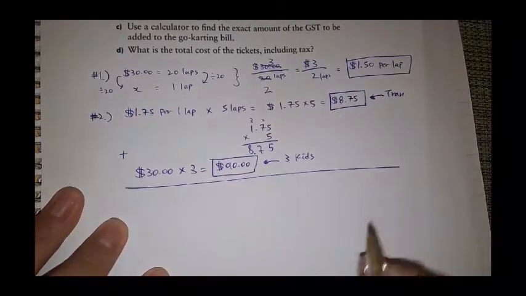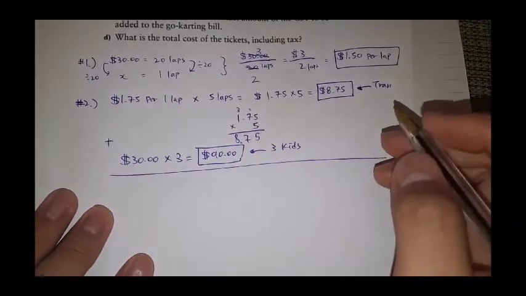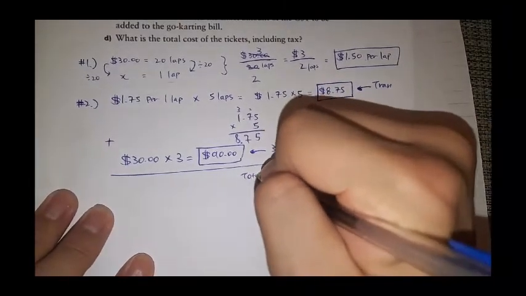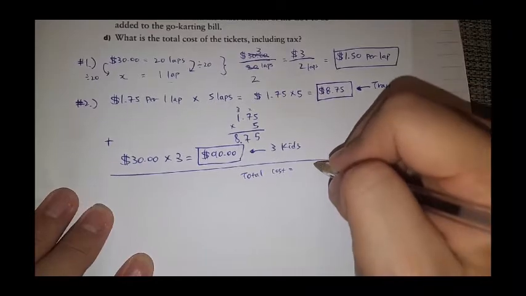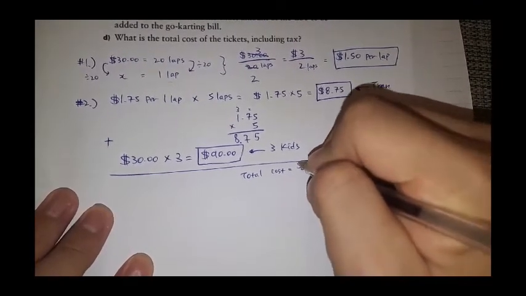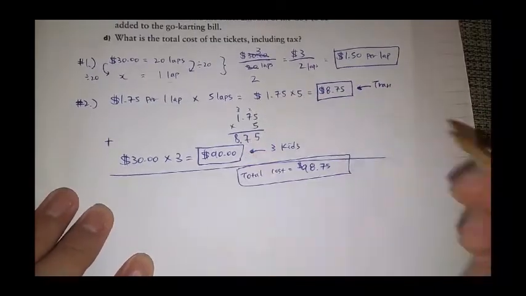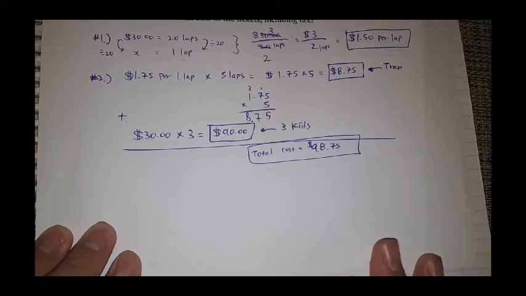So if I add $90 with 8.75 to find out the total cost, then you get the idea. It's 90 plus 8.75, so $98.75 is the total cost. That's what you need to do.